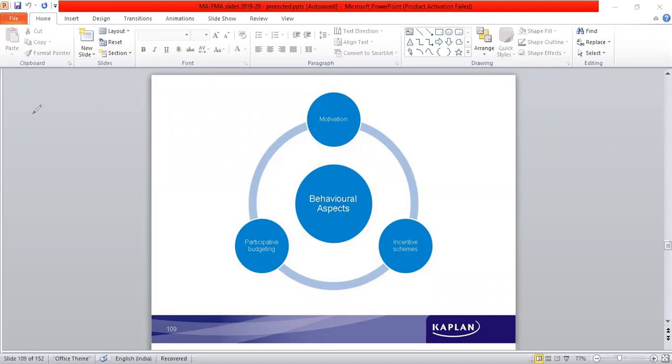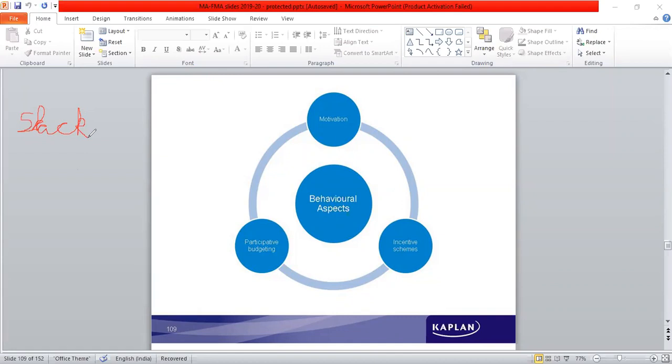See, one major step in budgetary control is the comparison of the actual performance with the budgeted figures. So the actual should be compared with the budget.